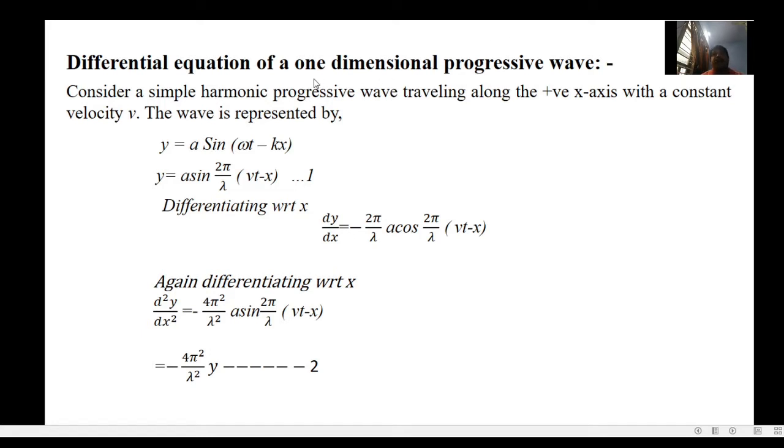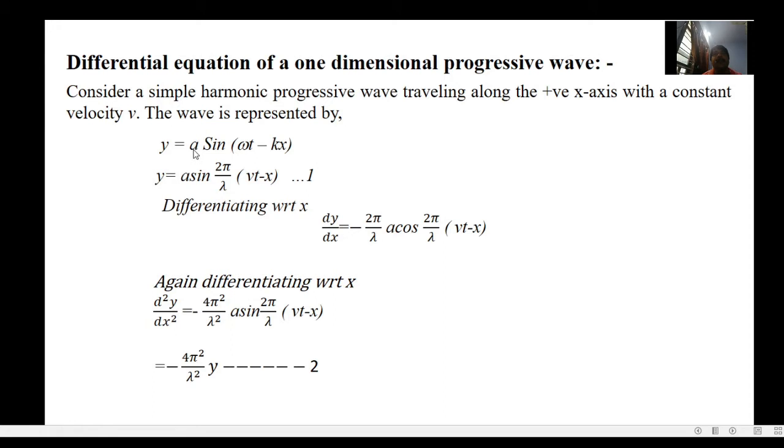Now, let us consider a progressive wave traveling along the positive x-axis with a constant velocity v. Then the progressive wave is represented by y = a sin(ωt − kx).